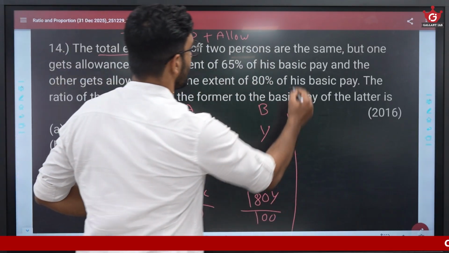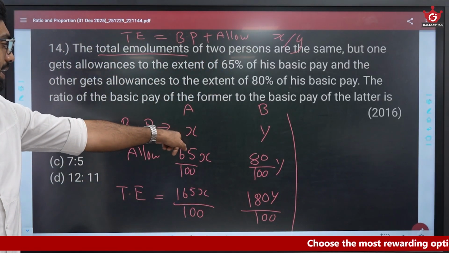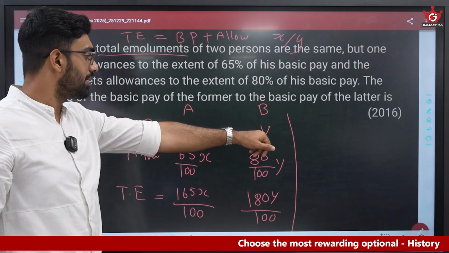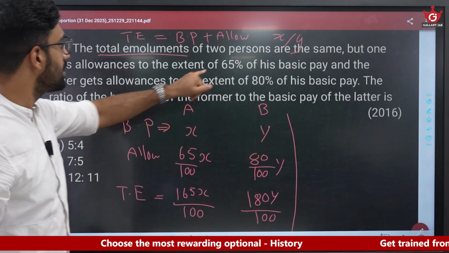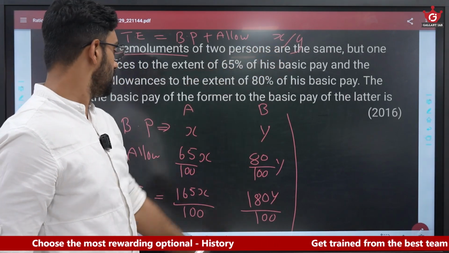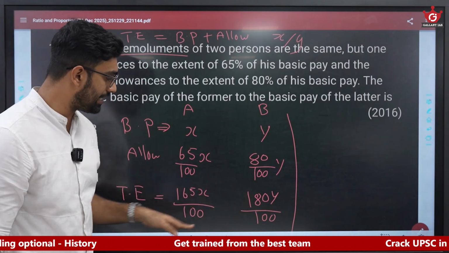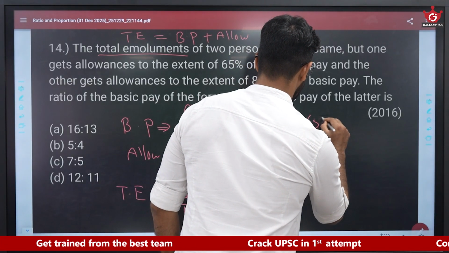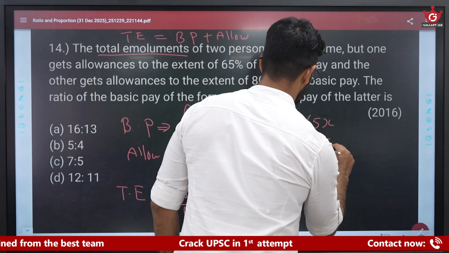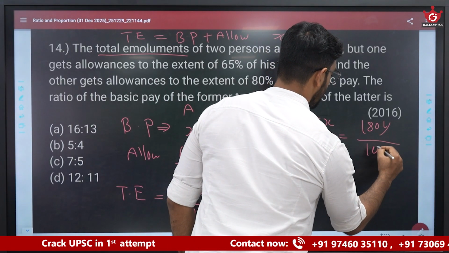We need to find the ratio, that is, X by Y. Here we take the basic pay as X and here we take the basic pay as Y. So what we need to find out is the ratio X by Y. Since the total emolument is the same, we can equate these two: 165X by 100 is equal to 180Y by 100.